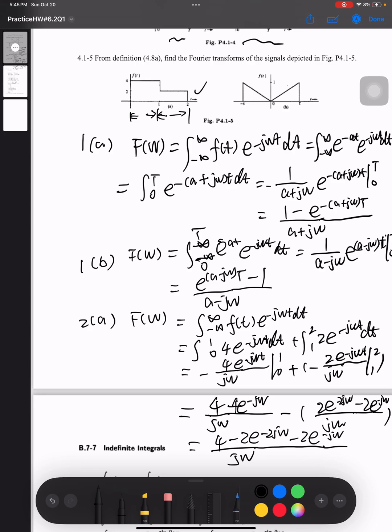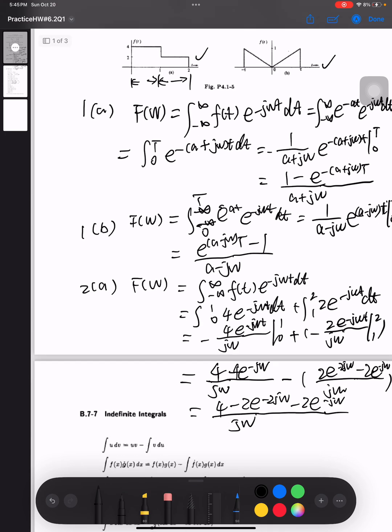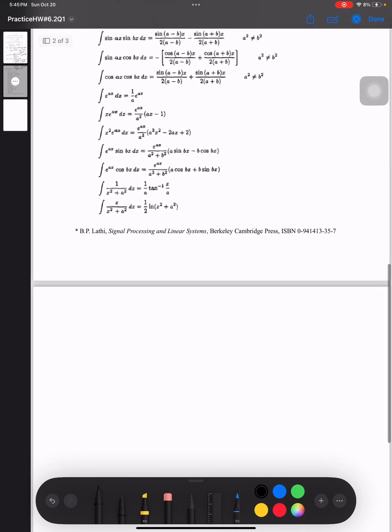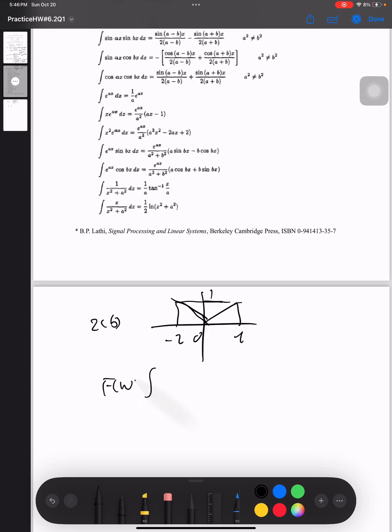And for the last question, 2b, we still do the same. We plot from minus tau to tau, with the peak at 1. Let's do the Fourier transform: the integral from negative infinity to infinity of f(t) e^(-j omega t) dt.